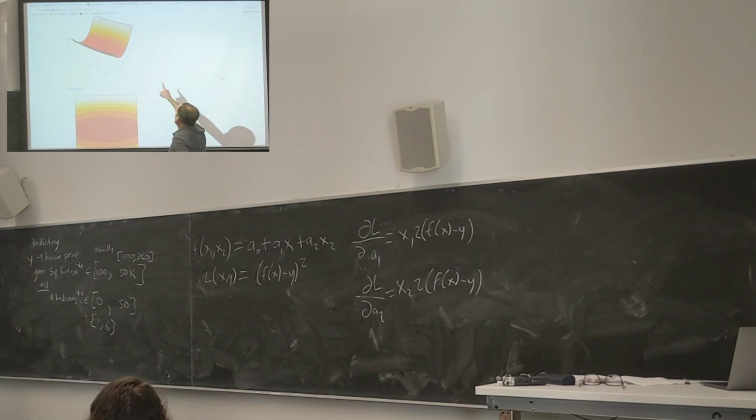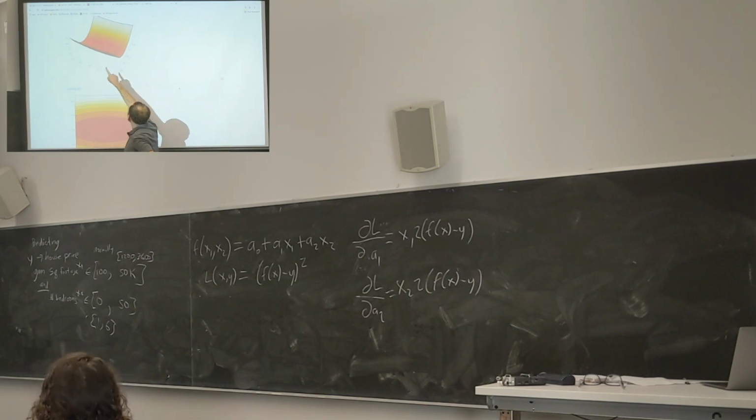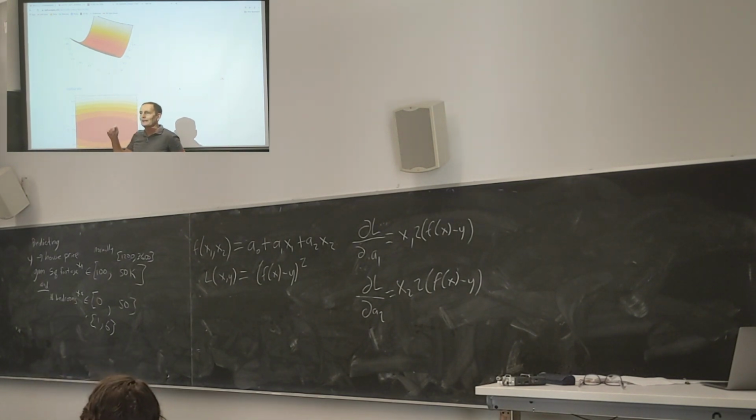I'm going to call this way east-west, and this way north-south. In the east-west direction, is the gradient high or low? That is, is the slope a lot or a little? In this direction it's low, it's pretty flat. And in the north-south direction, on the other hand, the gradient is high.